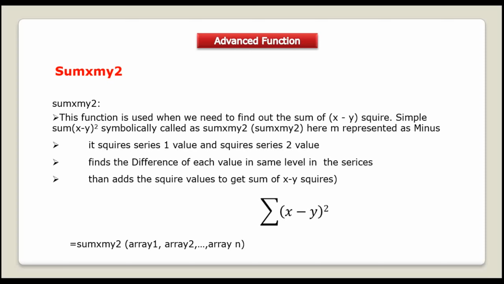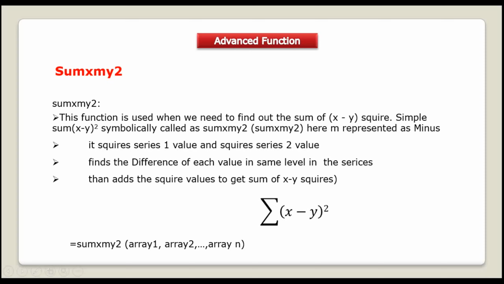Then it identifies x minus y, meaning the difference between x and y, and applies the square to the difference. Then it finds the addition of all these squared differences. Symbolically it is written as sigma of x minus y whole square.